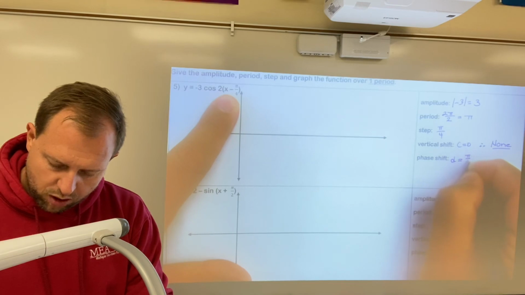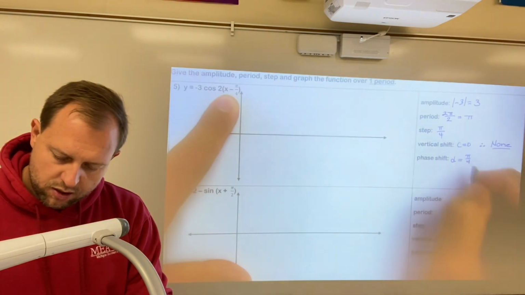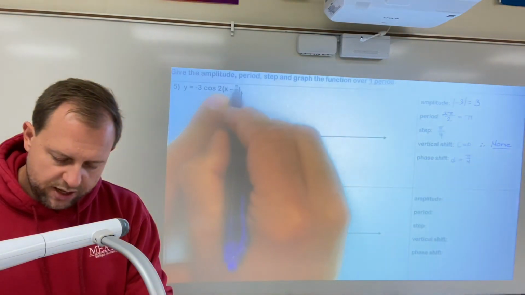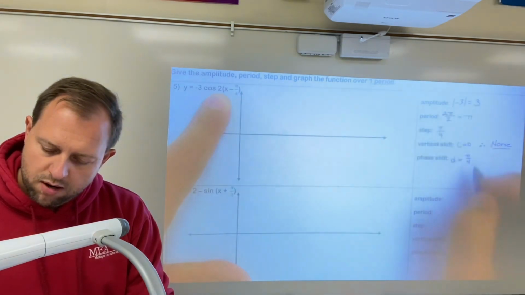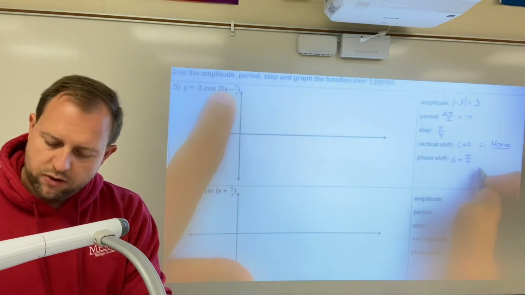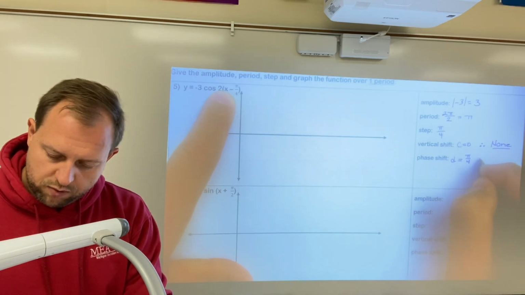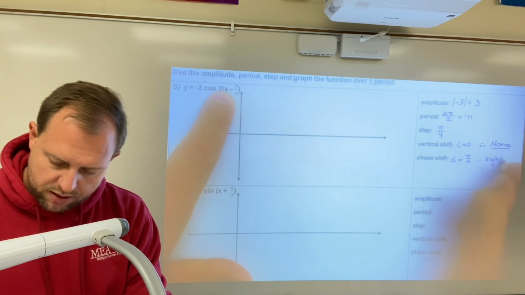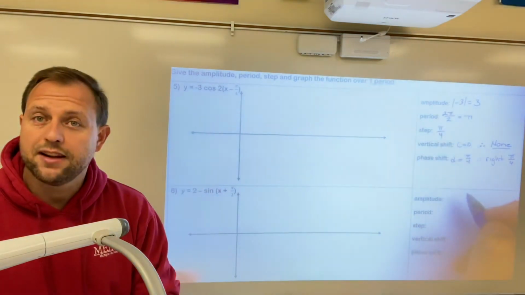pi over 4, and that means we are going to the right, because it looks like a minus, so it looks like we should go left pi over 4, but really the minus is already part of the equation. So we are moving to the right pi over 4, because the sign inside the parenthesis was negative.